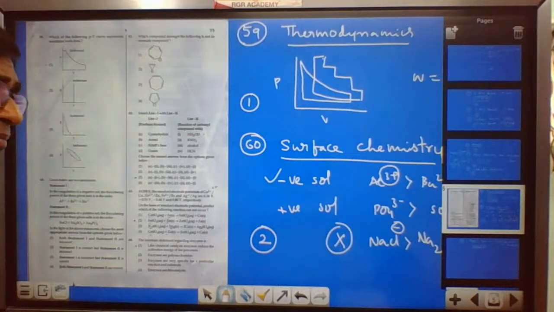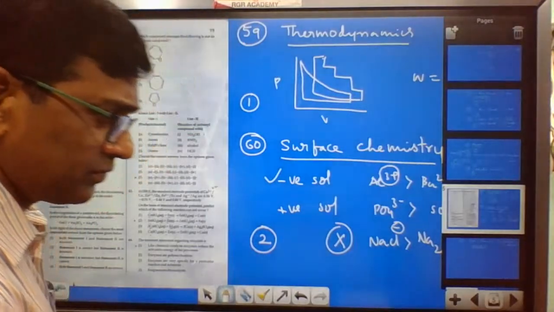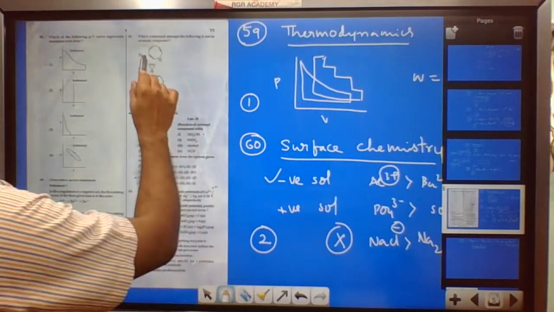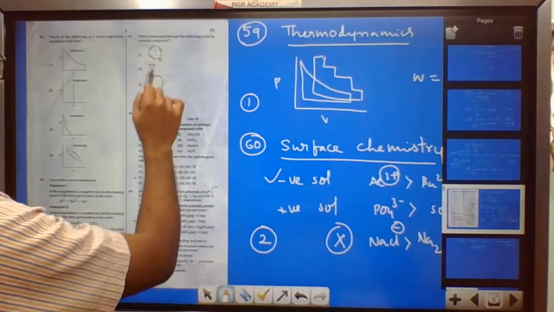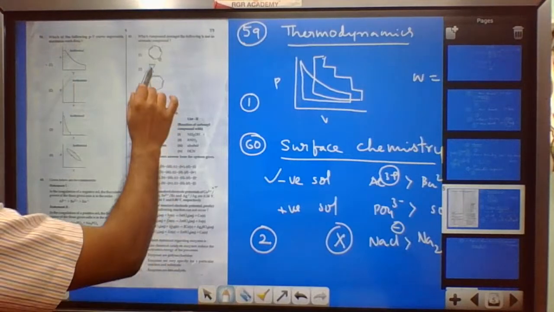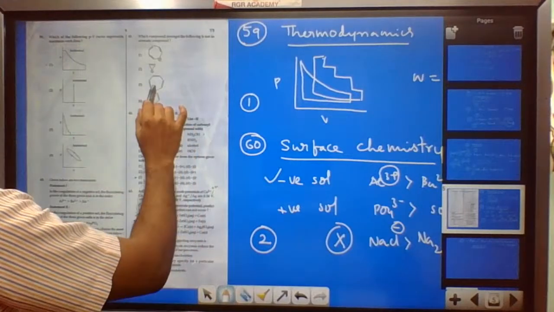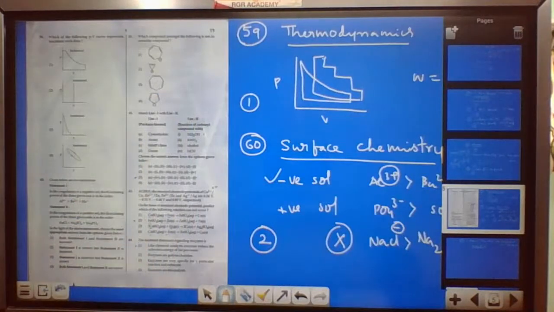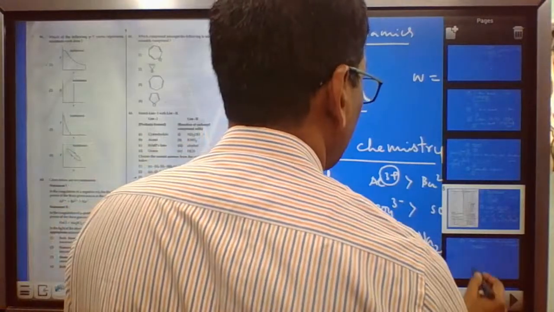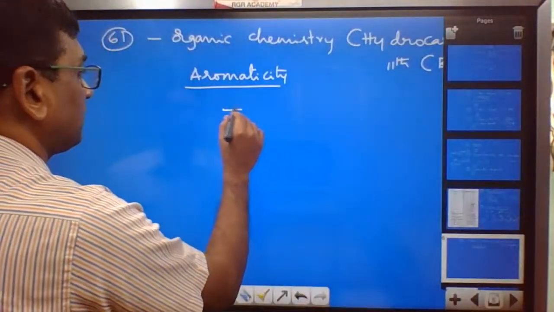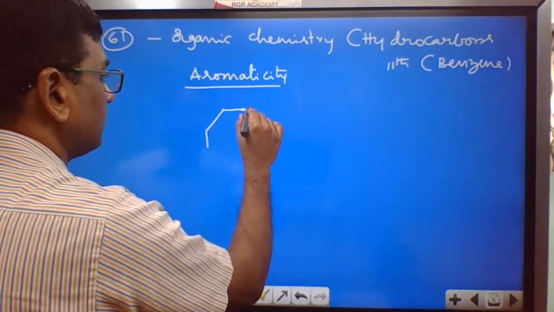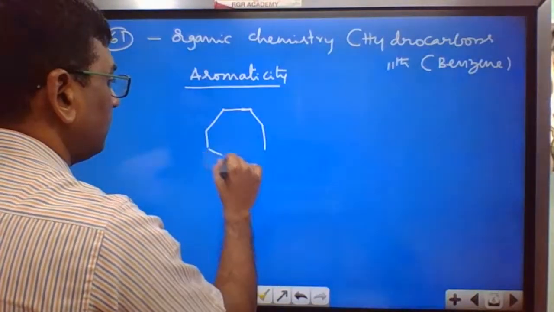Next, there must be delocalization of pi electrons. Here there is delocalization of pi electrons in number 1, because these electrons can shift here and those can shift there. All are sp2 carbons, so delocalization is possible. Here also delocalization is possible. Here delocalization is not possible because it is cycloheptatriene.